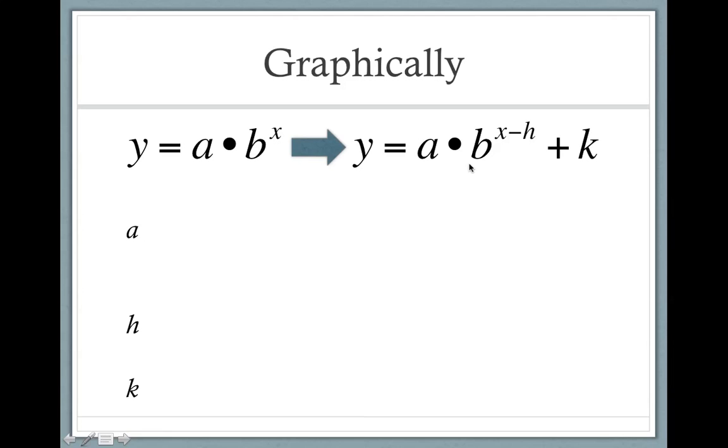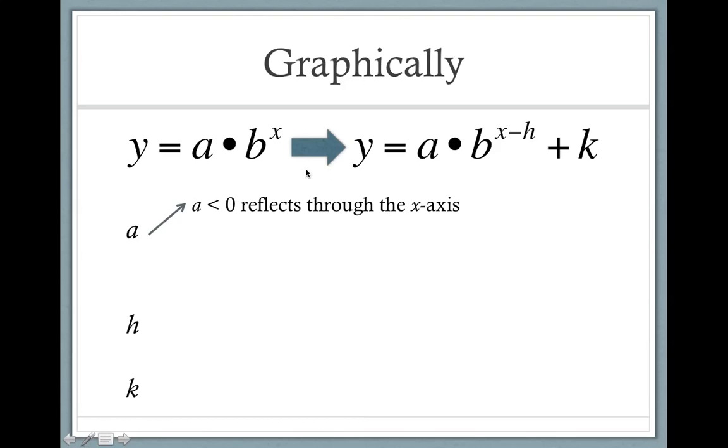For our a value, remember a actually will have two different effects depending on what the number is. If the a is negative, then that means that our graph is going to reflect through the x-axis.